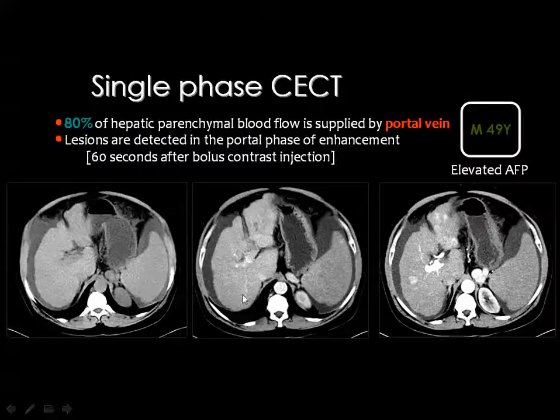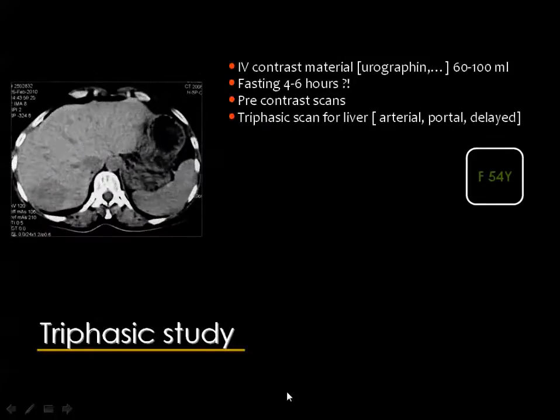And here after contrast injection you cannot detect any focal lesion. But in the arterial phase of the same case, you can see an enhancing focal lesion here, which represents a hepatocellular carcinoma.